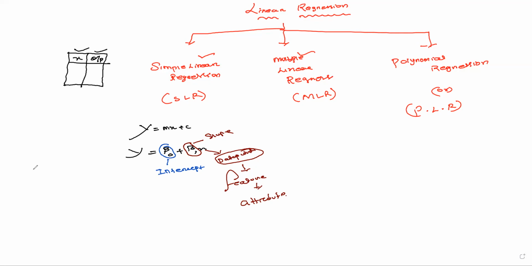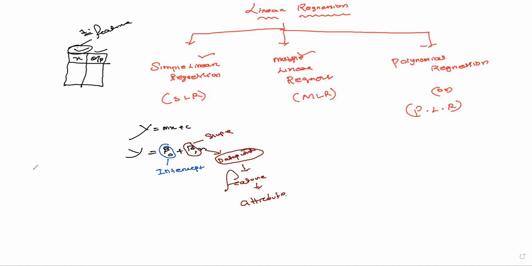But why are we moving towards multiple linear regression? Because in simple linear regression, we have only one attribute, only one feature.